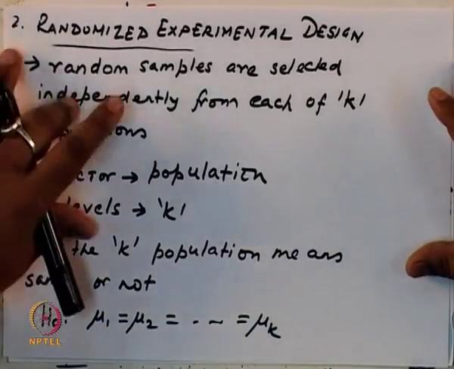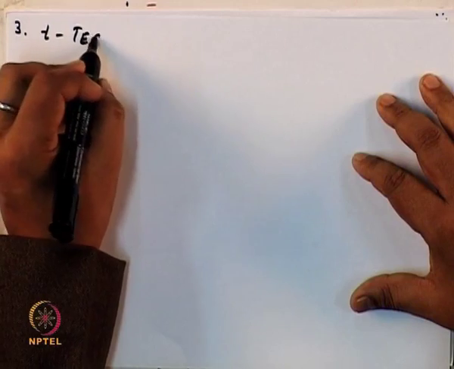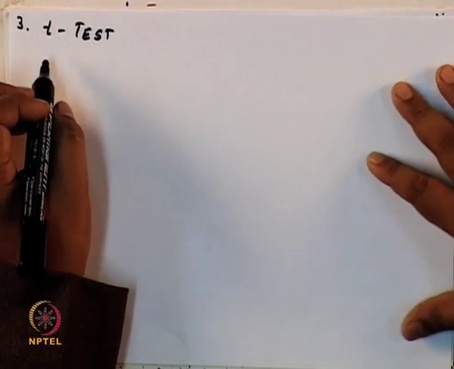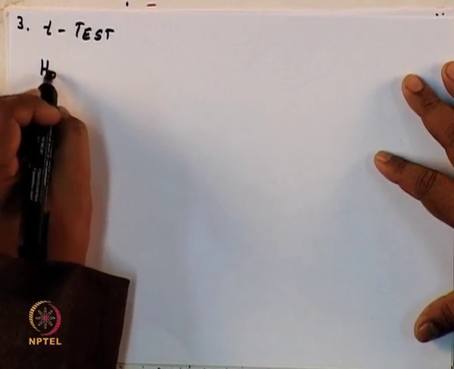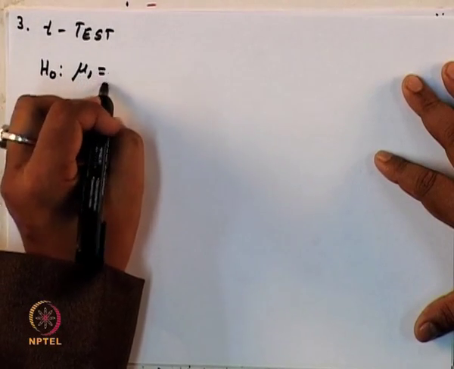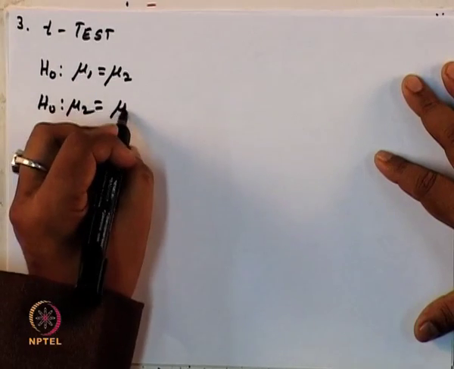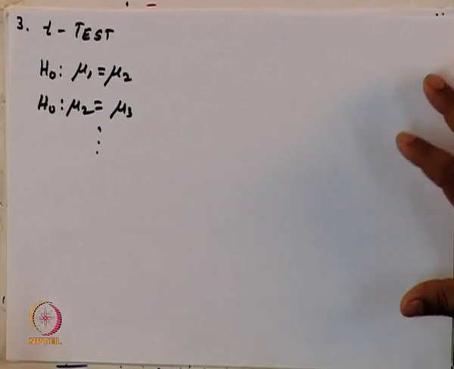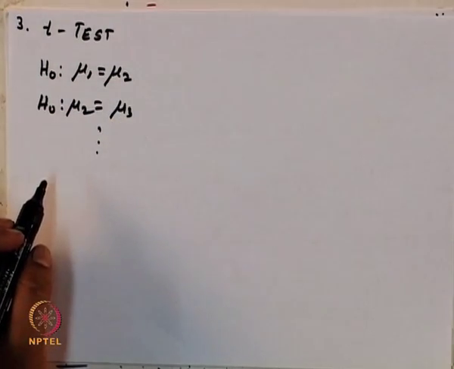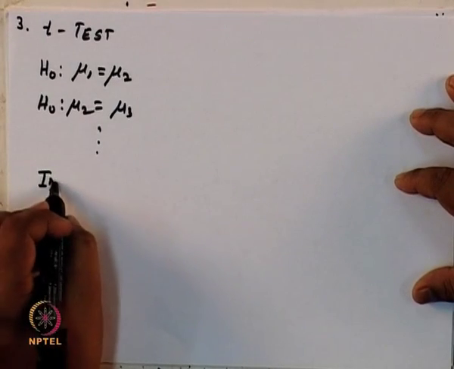As we discussed in last class, you can do this using the t test, but in that case you will have various hypotheses you have to test. For example, you have to test the hypothesis mu1 equal to mu2, hypothesis mu2 equal to mu3, and so on and so forth, which is tedious and it also introduces error.